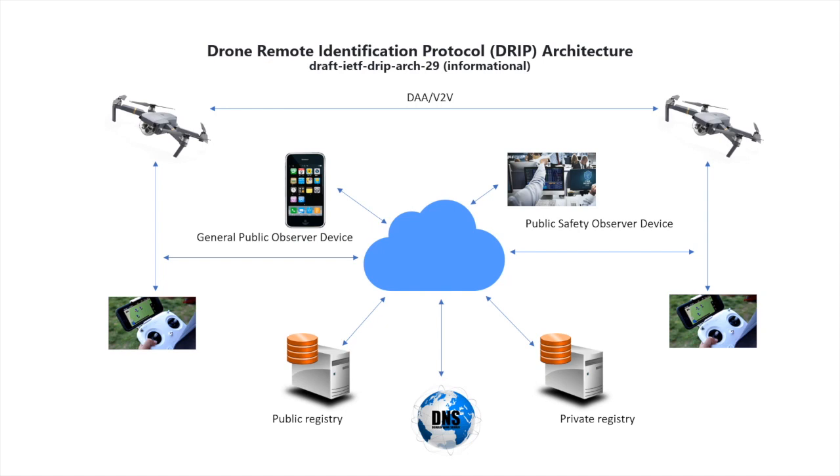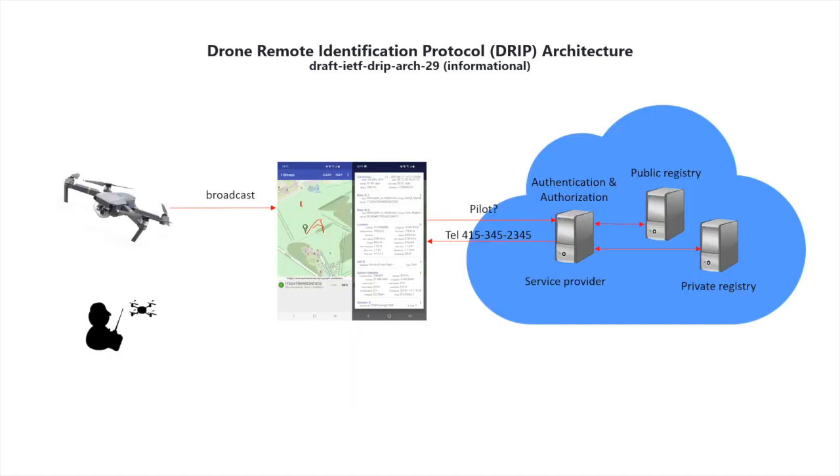Hierarchical HIT can enable lookup not only of information regarding the unmanned aircraft, but also identities of associated entities, including means of contacting them. So an observer can instantly initiate secure communications with the unmanned aircraft pilot or other participants.